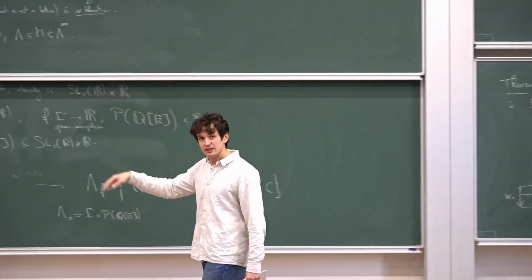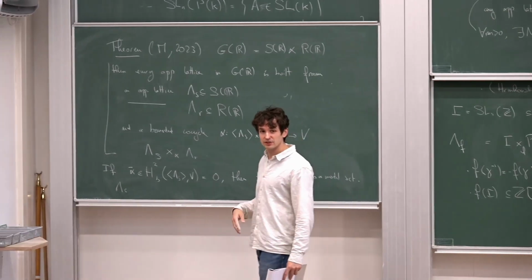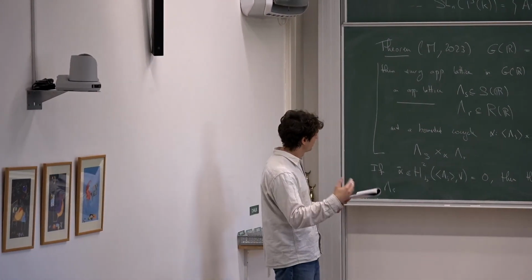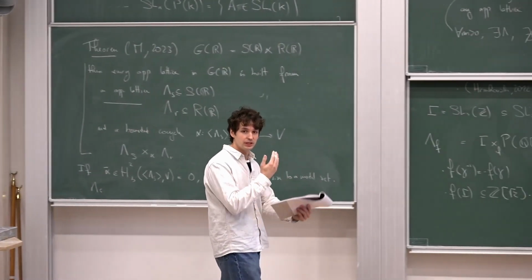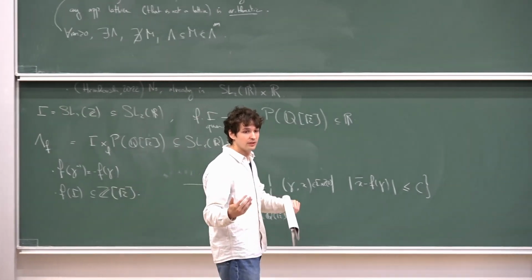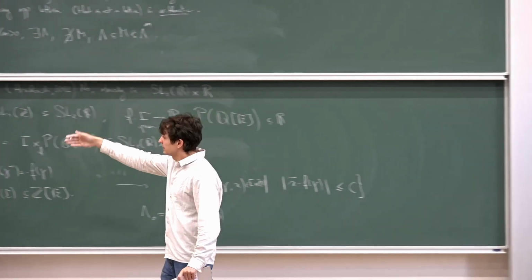Okay, so since I want to speak about Ulam stability at some point, I'm not going to go in that direction. But it's just to say that there's this other intermediate cohomology theory that sits in between the group cohomology and the bounded cohomology, for which you can compute essentially the cohomology groups when you're in these situations.